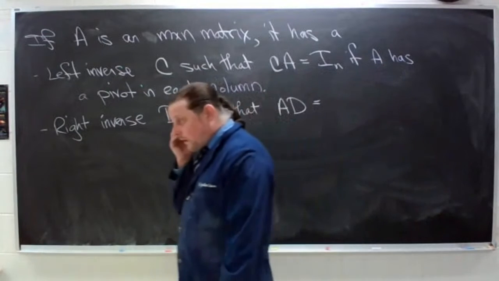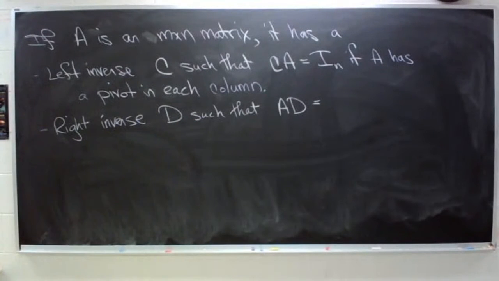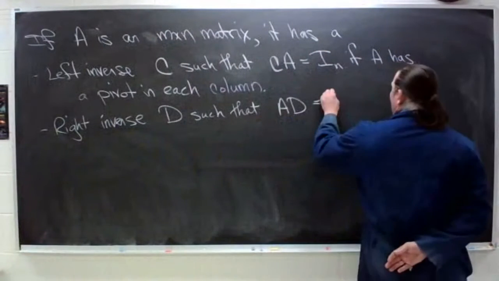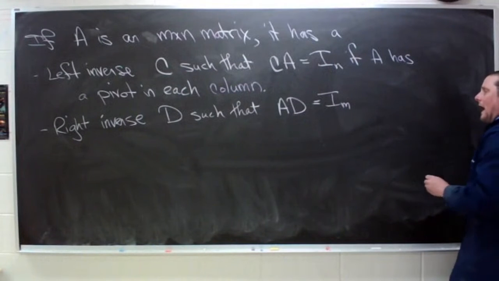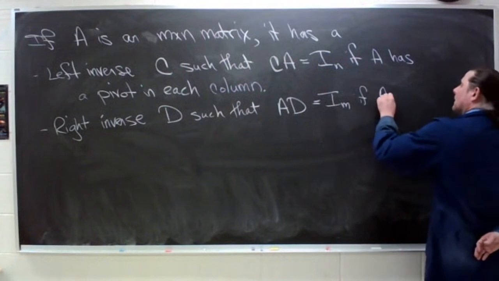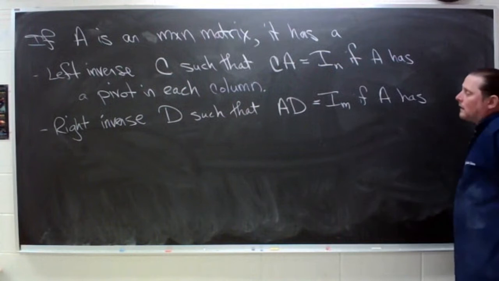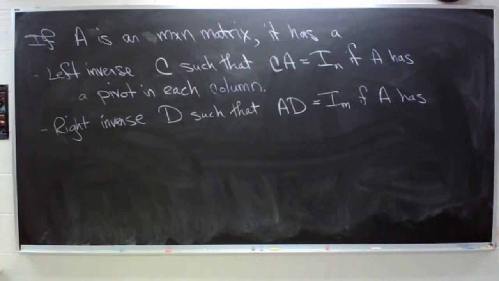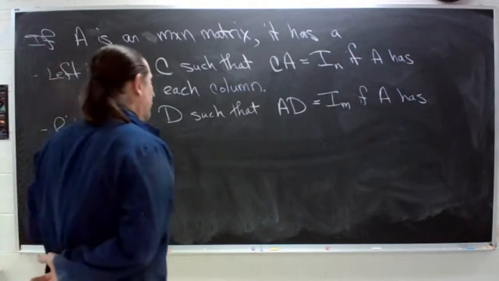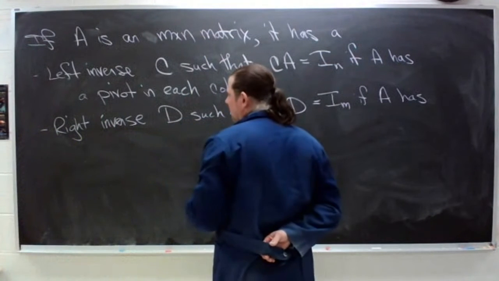So now we're multiplying the matrix on the right. And we would say AD is equal to I_M, the M by M identity. So let's see what we require in order for this to be the case.